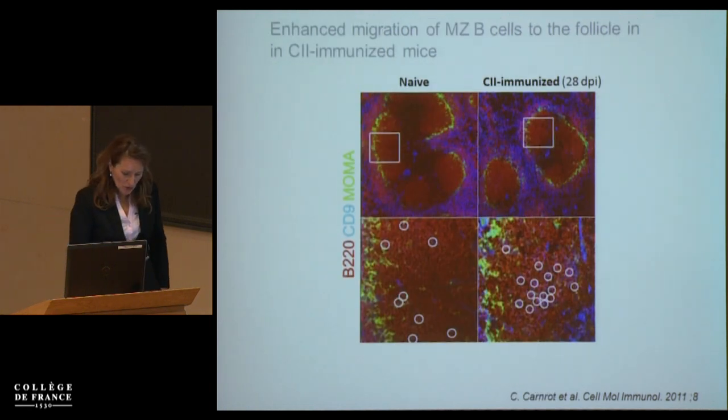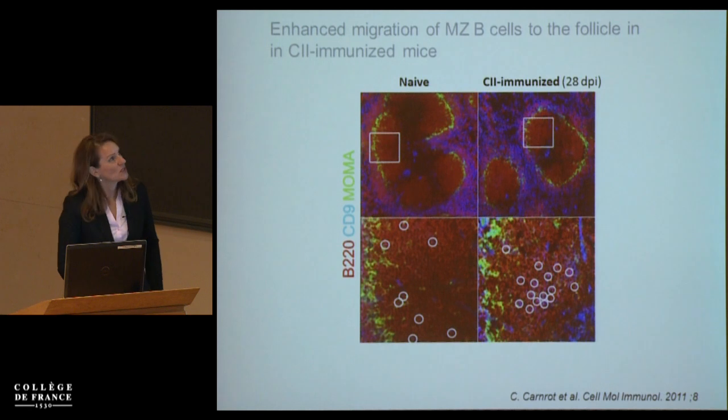So we also wanted to see what happens with the monoclonal B cells when you immunize mice. We know that they are in the marginal zone of a naive mouse, but what happens when the mouse is immunized?